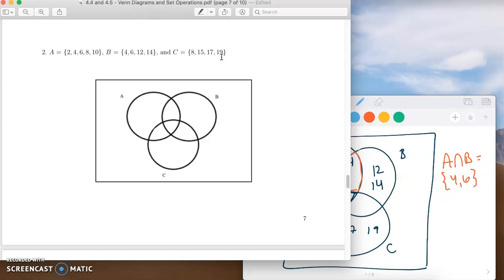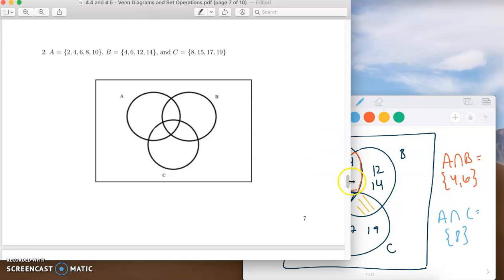And then we have A intersect C equals just 8. And then you notice there's no other intersection over here for A intersect B intersect C. So that means it equals the null set. And then same thing for B intersect C equals the null set.